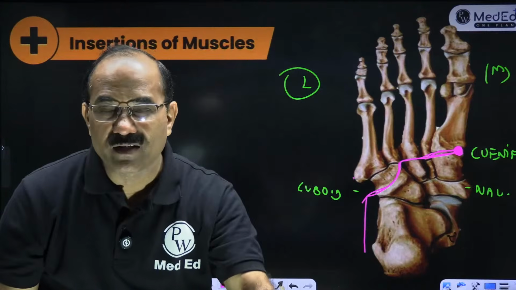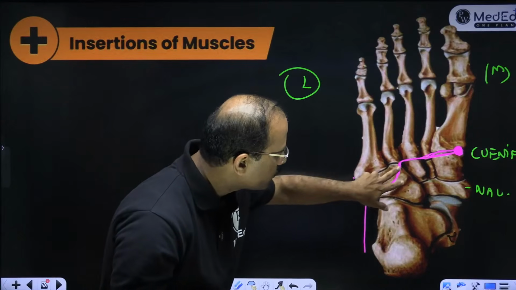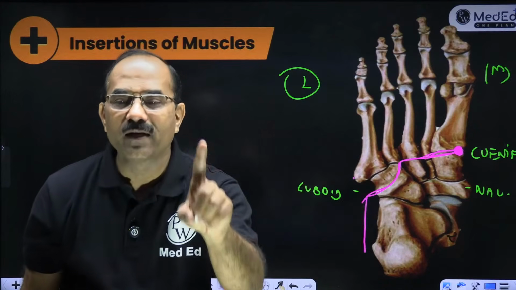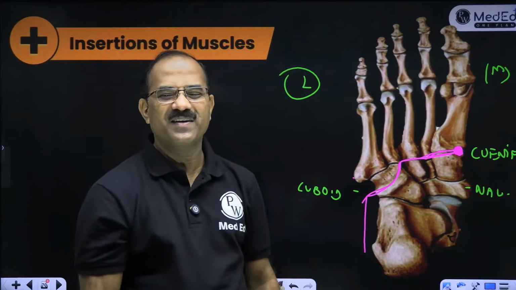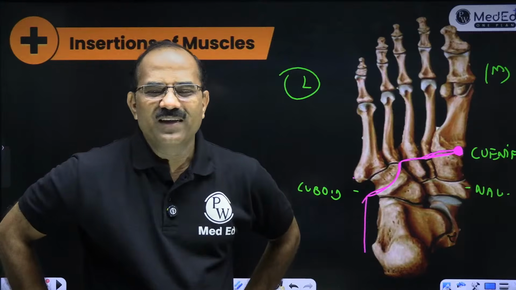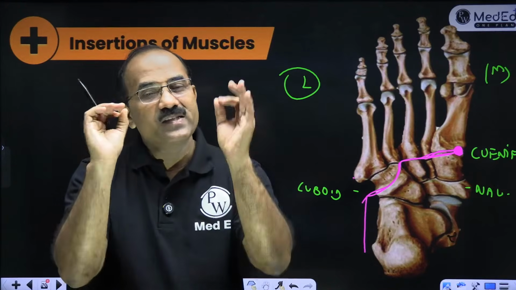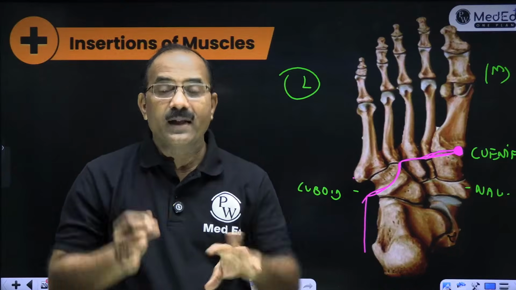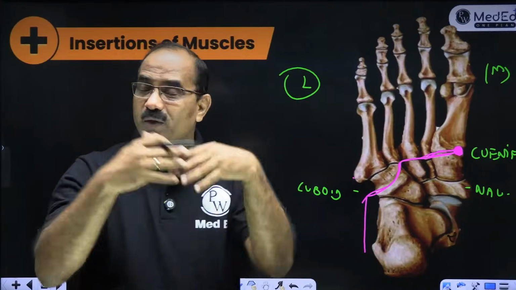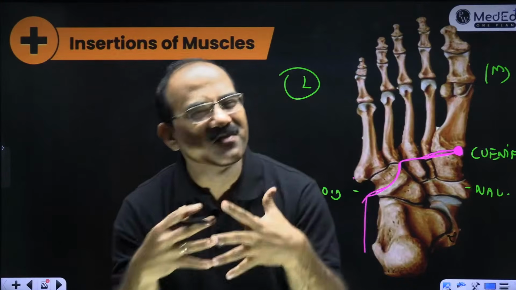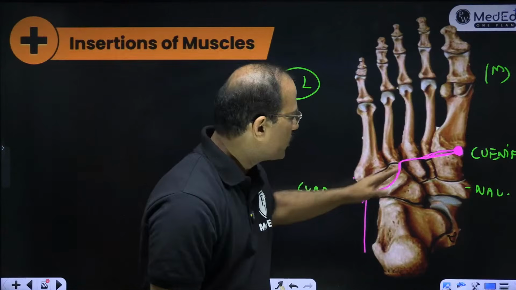What I want you to understand is, this was a NEET PG question too, and it comes in first year also: the groove below the cuboid is for which tendon? Your answer is peroneus longus. Remember. That's fine. It's okay, child, I'm there to tell you. Some things you understand in revisions, and there are certain things which have to be told only in revisions, when you know everything and can correlate everything, right? So the groove below the cuboid is for what?